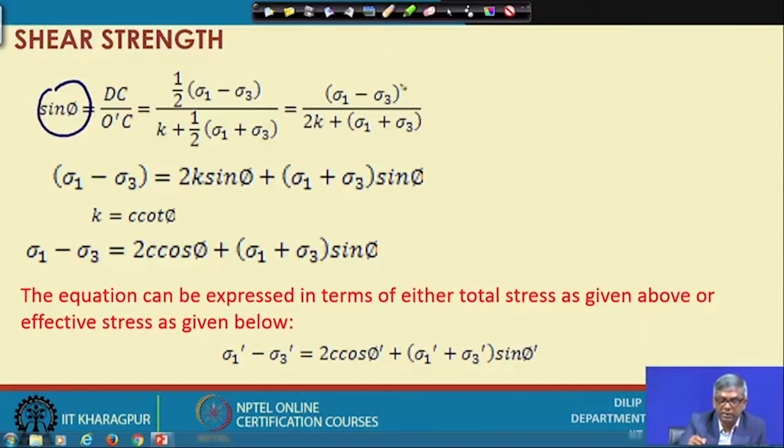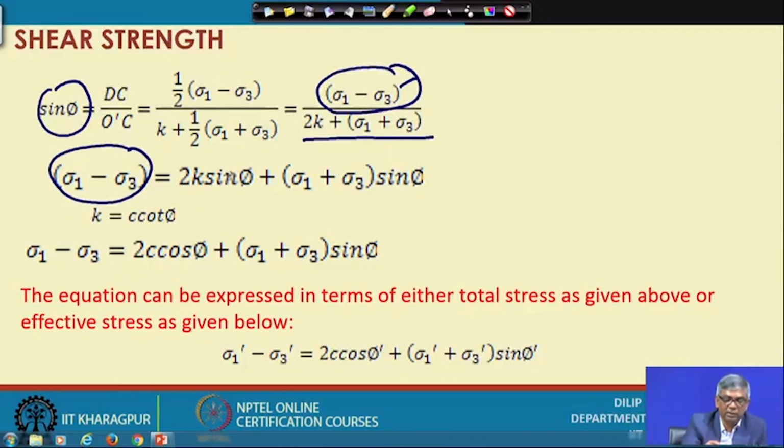If I simplify, it becomes sigma 1 minus sigma 3 by 2k plus sigma 1 plus sigma 3. Then if I express sigma 1 minus sigma 3, which is known, that will come as 2k sin phi plus sigma 1 plus sigma 3 times sin phi. And if I go back to the previous figure, we will see that k which we have noted is actually c cot phi.